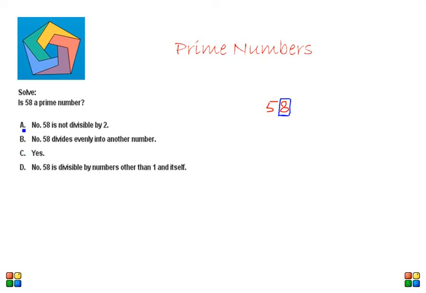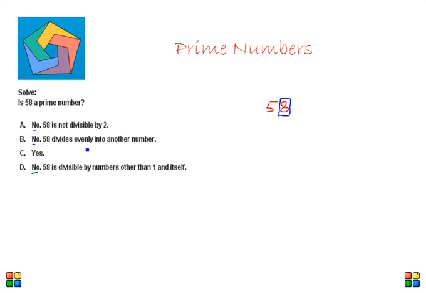Well, we have three options showing no. No, no, no. Okay, but we have explanations as well. So we have to be very careful while going through the explanation because we are doing prime numbers. So one option says 58 is not divisible by 2. Okay, this shows this is not correct.